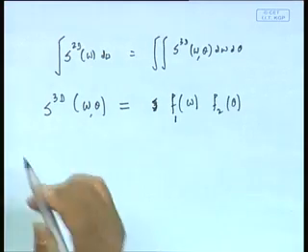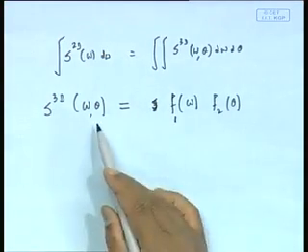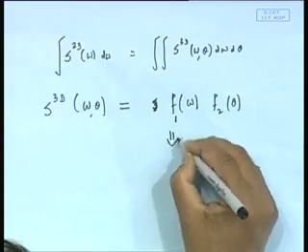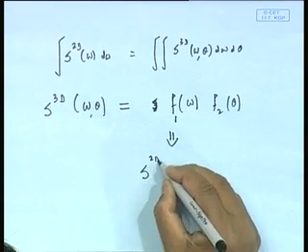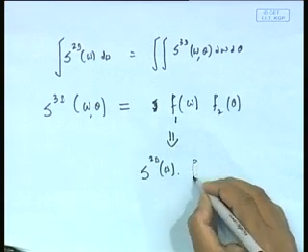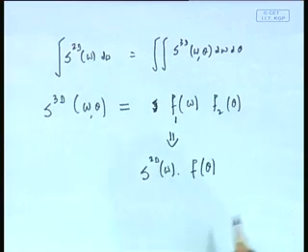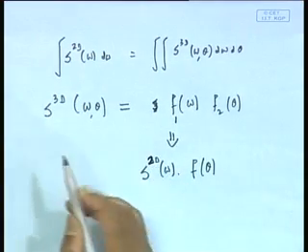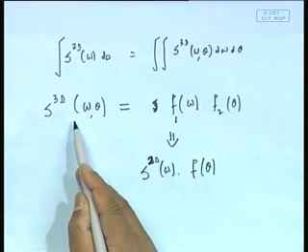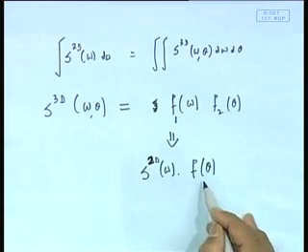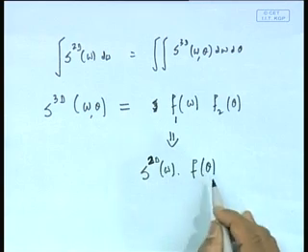You presume that I can break it down into a part purely a function of omega and a part purely a function of theta, and this part is taken to be S2d omega and we call the other f theta. So, it is presumed, and this is very important, that a 3D spectrum can be written as a 2D spectrum multiplied by a function of theta alone.